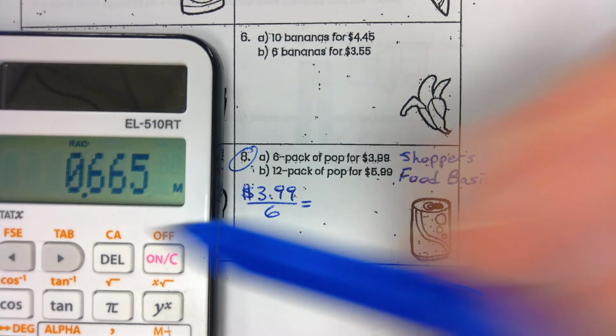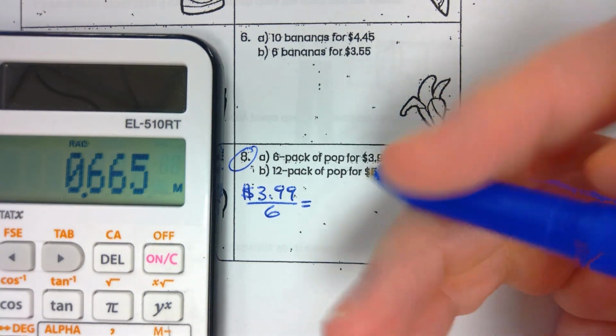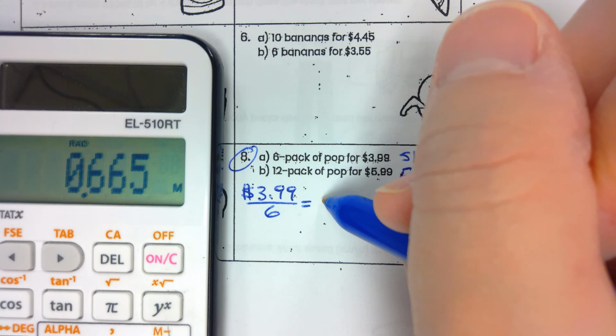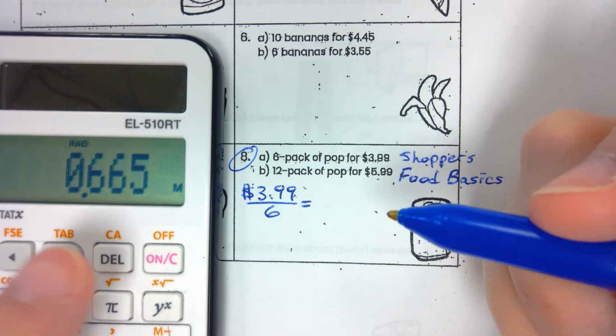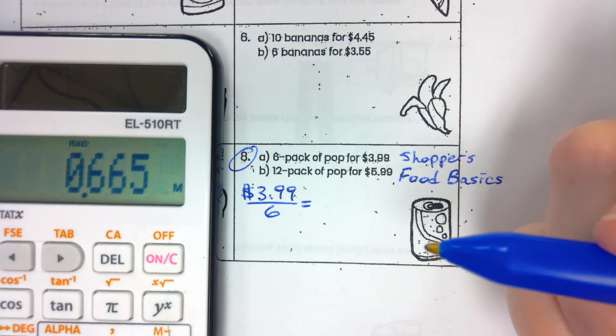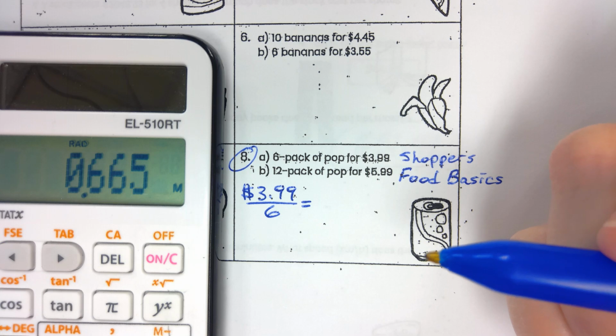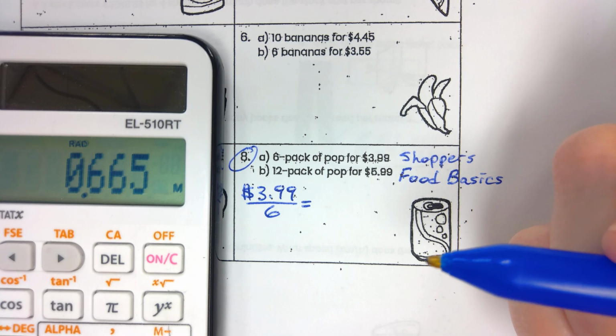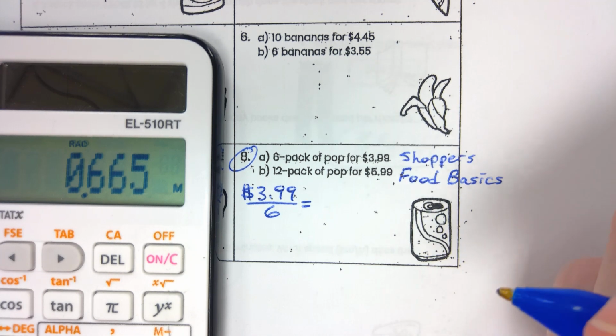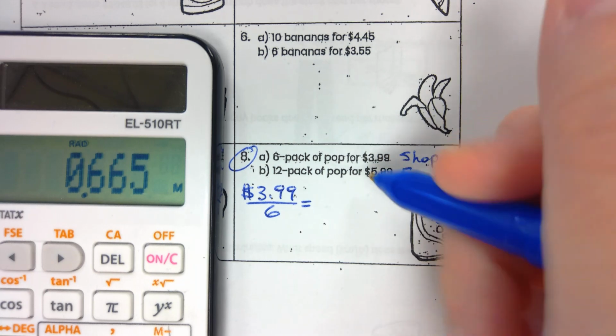Okay, so for this one, let's say I am doing the unit rate. Then what would my answer be here? I divided it. I got that. How would you write your answer? Yeah, Phil? 67 cents. Good.